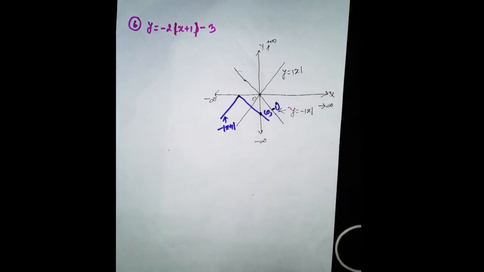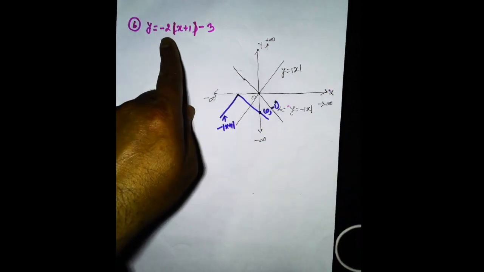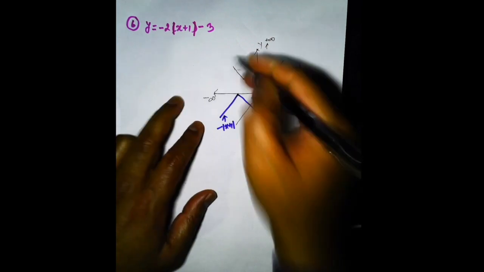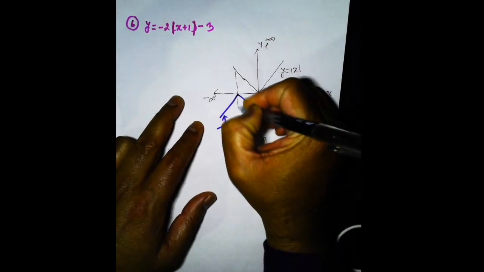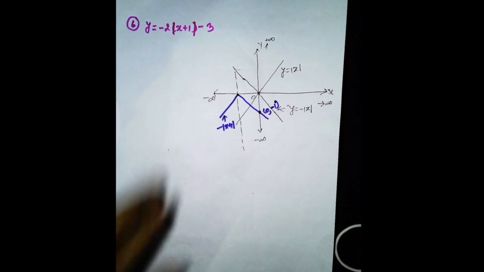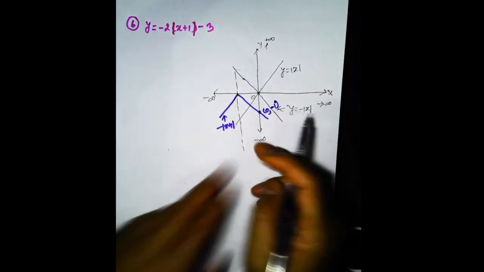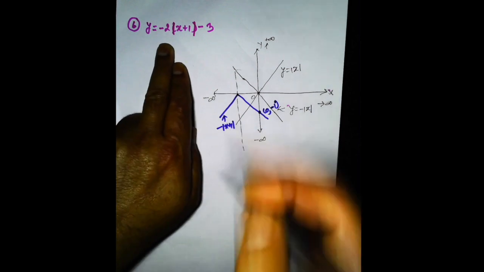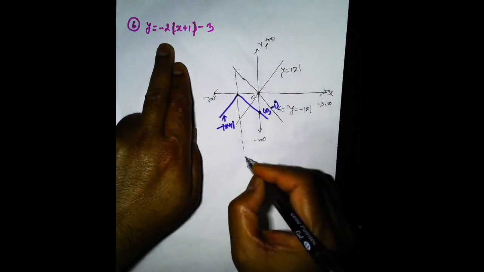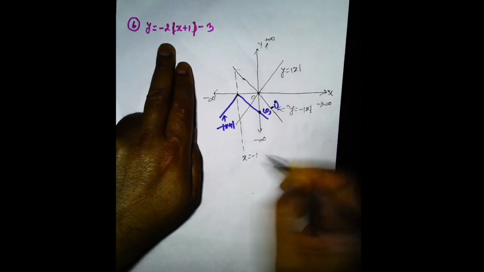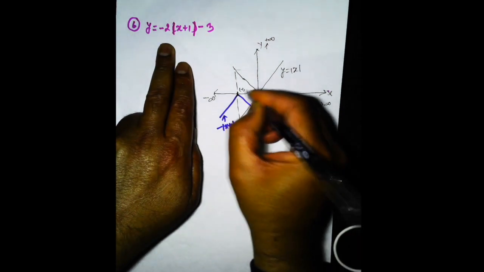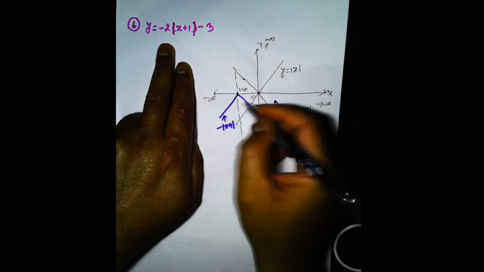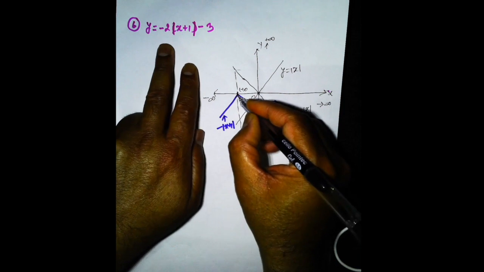Now you can see that it is multiplied by 2. That means we have to consider one line parallel to the y-axis, and if you suppose it acts like the y-axis, then for -2 it will be a bit closer to the line x equals -1. So this point is (-1, 0), and closer to this means your graph will look like this now.